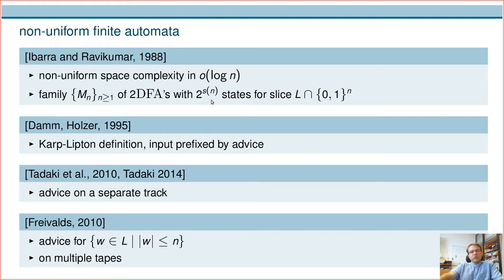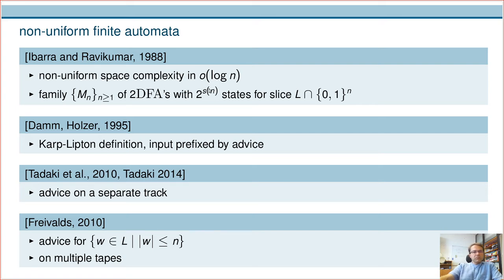And basically what they showed is that there is a hierarchy from 1 to n, because of course with exponentially many states any finite slice can be recognized. So they show a smooth hierarchy; the log n threshold from the uniform complexity is not the case here.